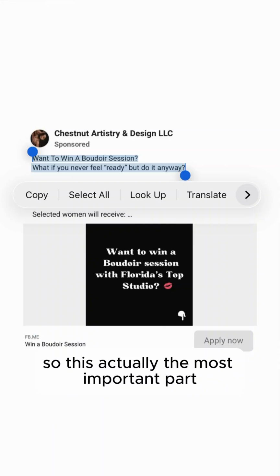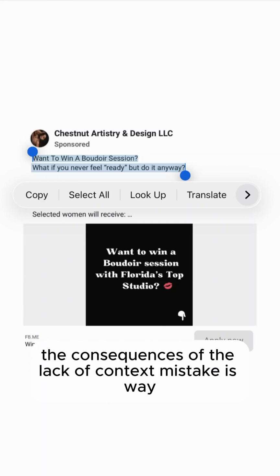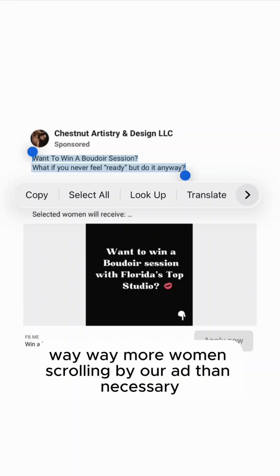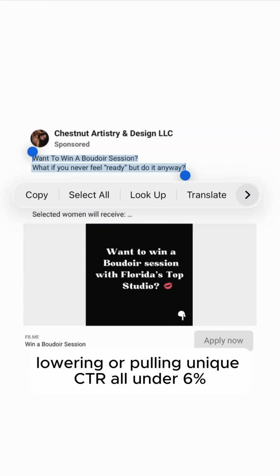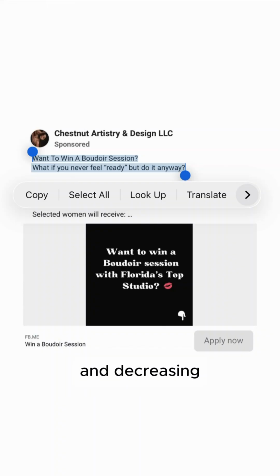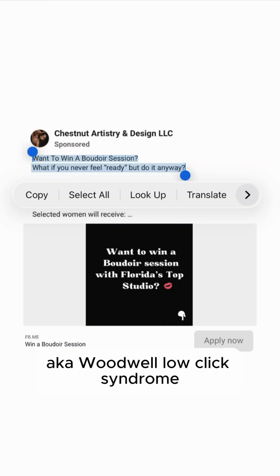So this is actually the most important part. The consequence of the lack of context mistake is way more women scrolling by our ad than necessary, pulling unique CTRL under 6%, and increasing the probability that we have BLCS, aka Boudoir low click syndrome.